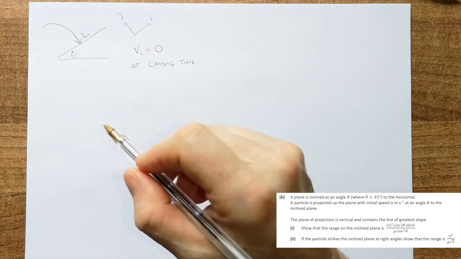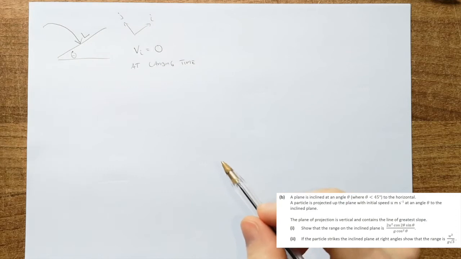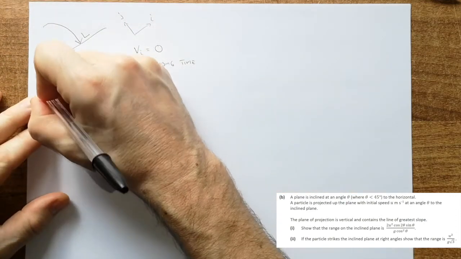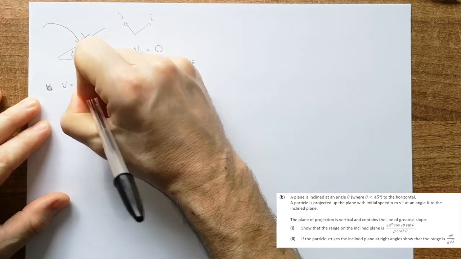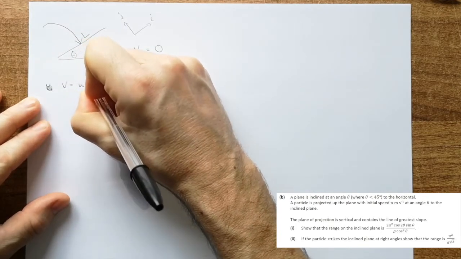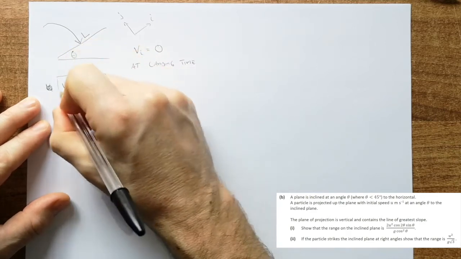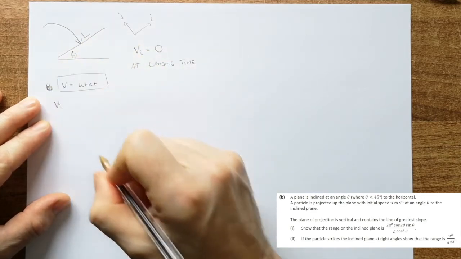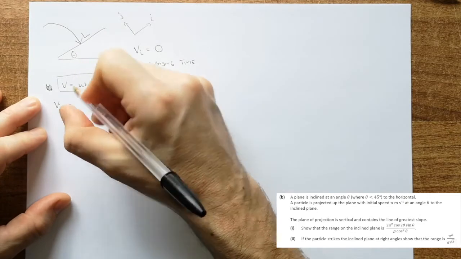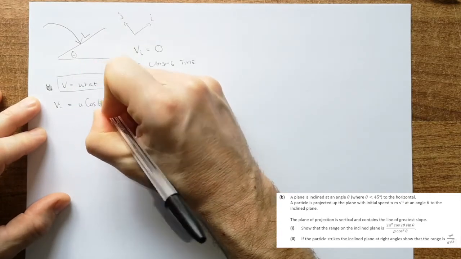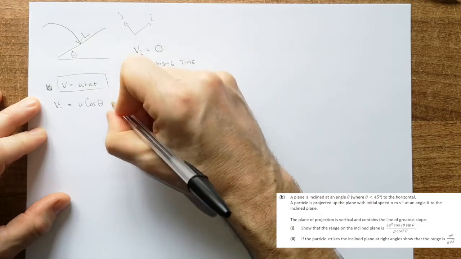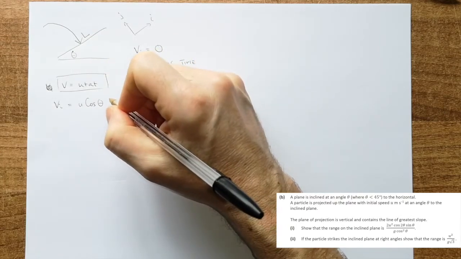Now, there are at least two clear ways you can go at this one. First of all, what's the velocity in the I direction? I'm going to use v equals u plus at. It's the handiest one to do. Velocity in the I direction is, well, u is u cos theta in the I direction, and it's going to be slowing down.